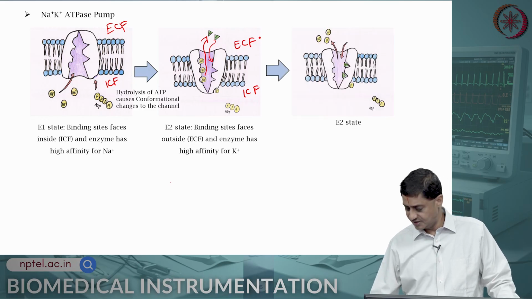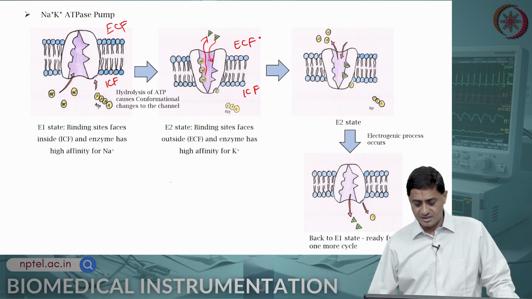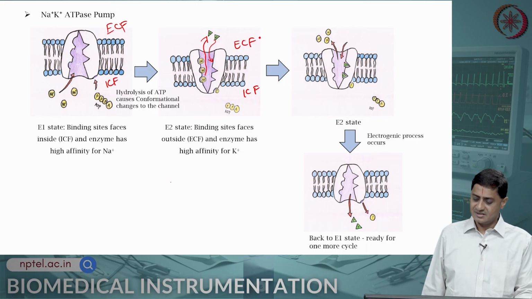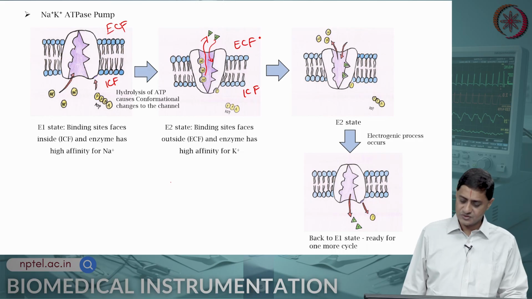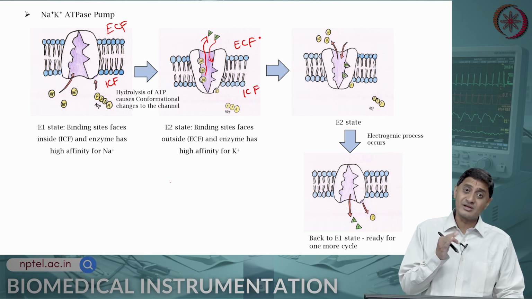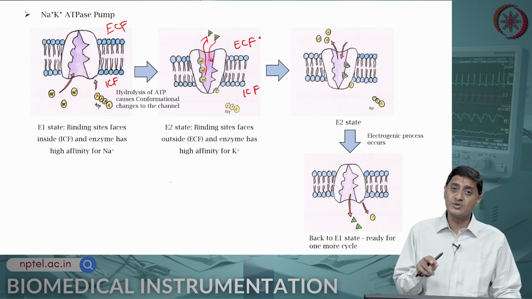So, this is the E2 state, and it once again undergoes a conformational change and opens on the inside, leading to the E1 state again, and in this state it again has high affinity for sodium. Note that 3 sodium ions are pumped from inside to outside, and 2 potassium ions are pumped from outside to inside.